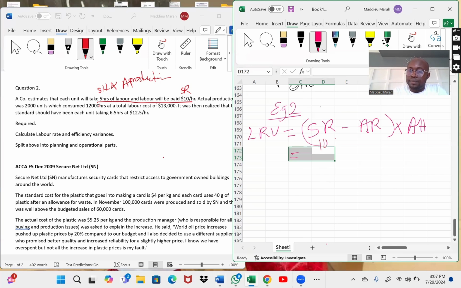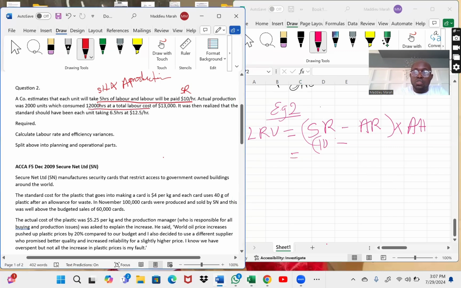Standard rate is 10 minus what's our actual rate? Our actual results. We said we use 12,000 hours, right? And these hours cost us $13,000. So the $13,000 is what we spent for the hours.